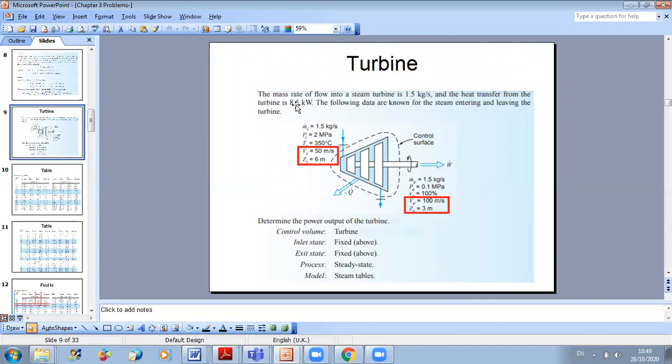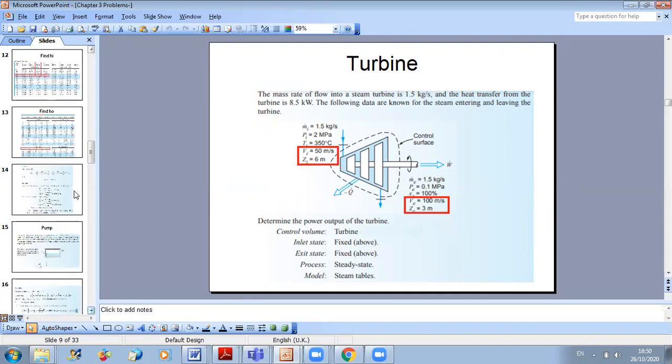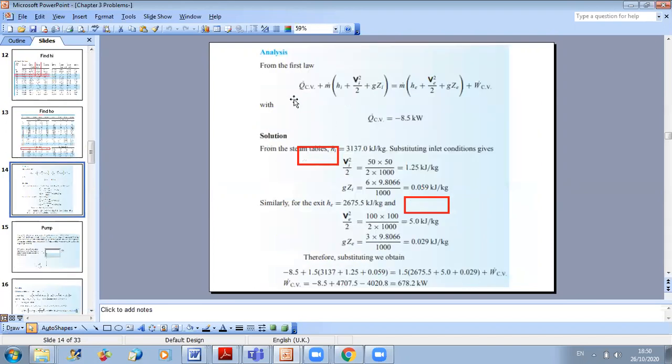But here, because they mentioned that we have a certain loss of heat, then we should include it in our equation. And the loss of heat is equal to 8.5 kilowatt. Okay, so now if I go back to the formula, because it's a loss of heat, it is a minus. So I put minus 8.5 kilowatt.